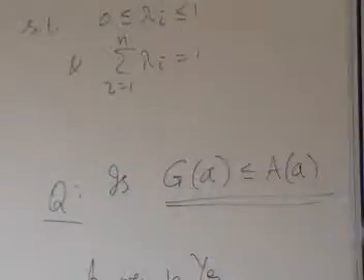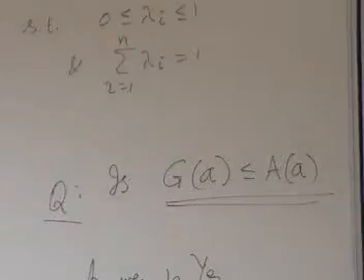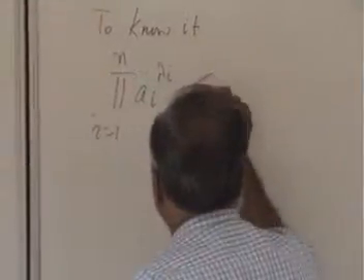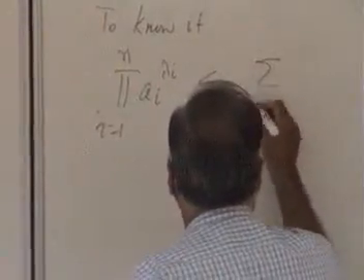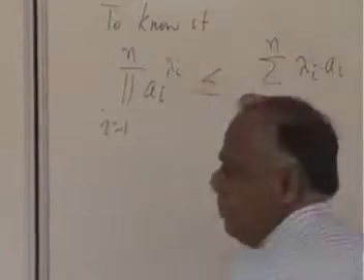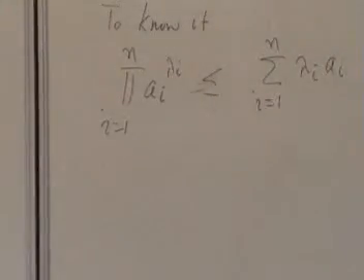We will see why. We'll just look at this question. So what we are looking for is, we want to know if the product from i equal to 1 to n of Ai to the lambda i is less than or equal to the summation from i equal to 1 to n of lambda i Ai. This is what we want to know, whether this is true or false.